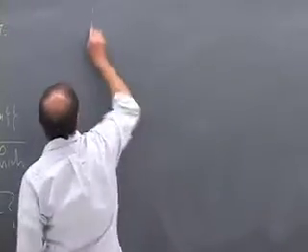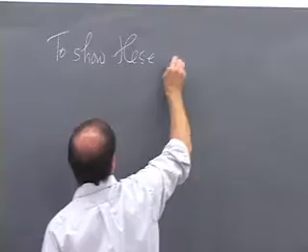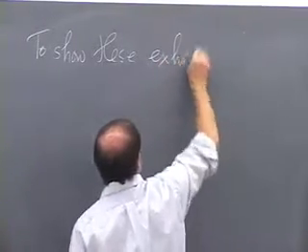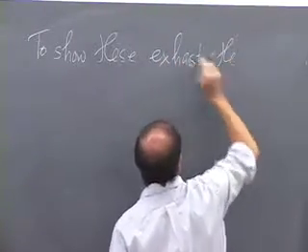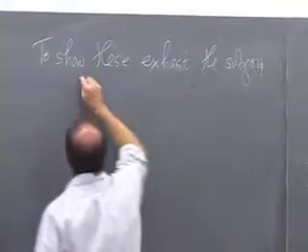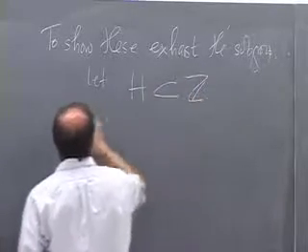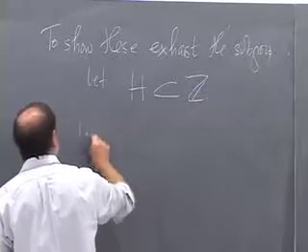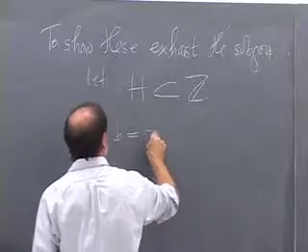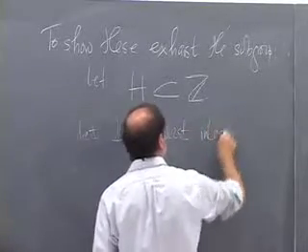So to show these exhaust the subgroups, let H be a subgroup of Z, and let B be equal to the smallest integer.